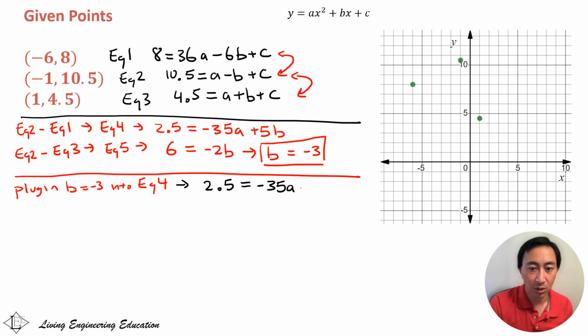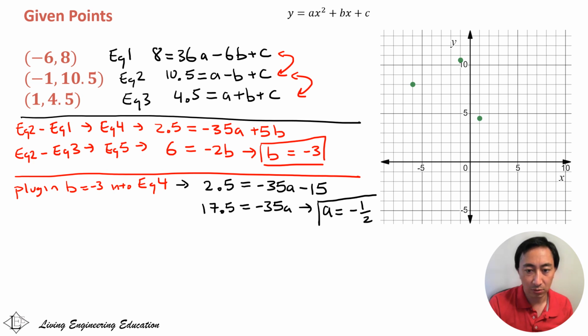So 5 times negative 3 is negative 15. Okay, still with me? All right, so then I can move the negative 15 over to the left side. 15 plus 2.5 gives me 17.5 is equal to negative 35a. So we can see that a is negative 1/2.